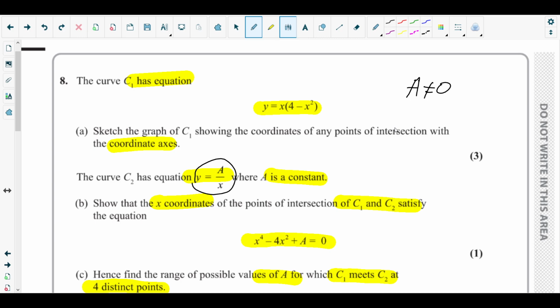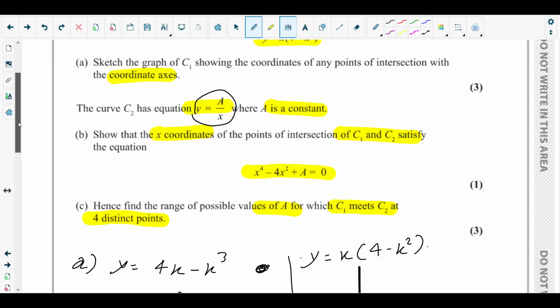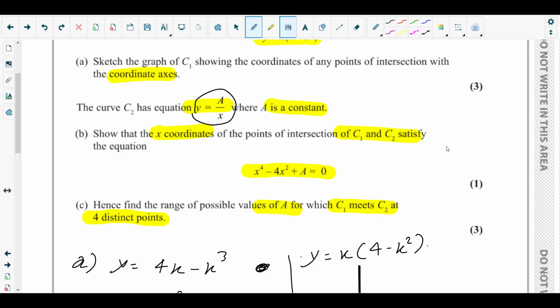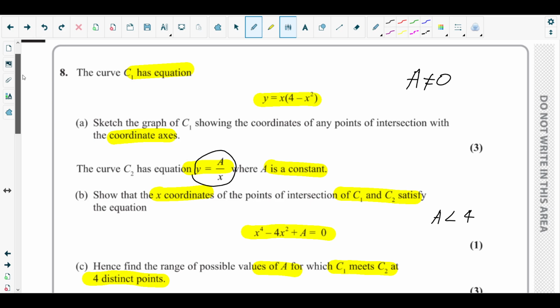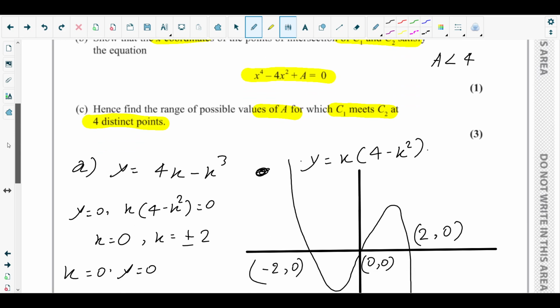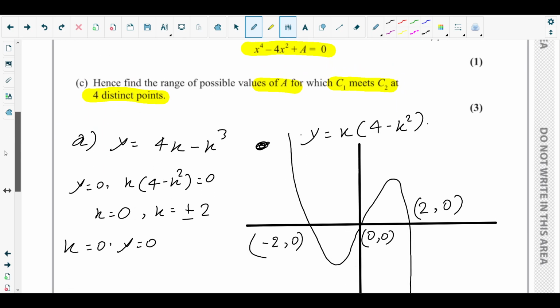Now another problem arises. Since a is less than 4, it can be negative or 0. We already considered that a cannot be 0, because then there will be no reciprocal equation. Now what if a is negative?